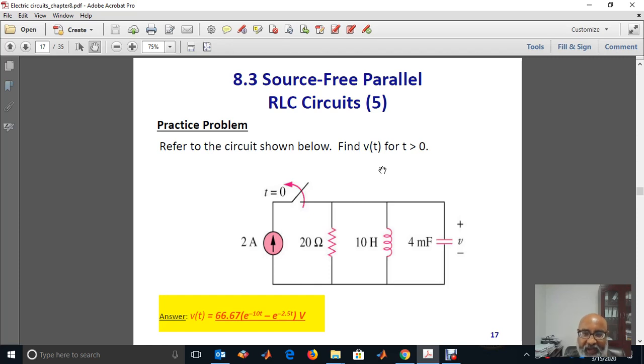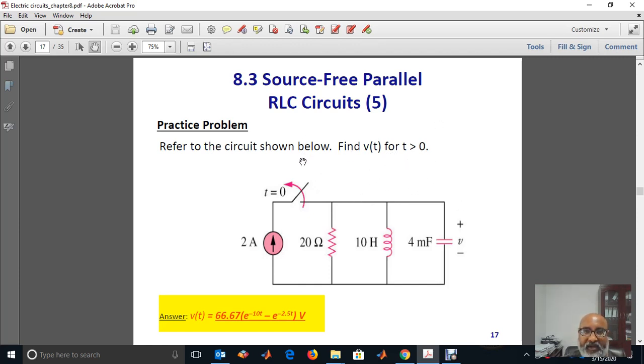We need to compare alpha and omega naught and determine if it is overdamped, critically damped, or underdamped, and then we use the initial conditions V at 0 and the derivative of the voltage at 0 to find the constants and finally the solution.